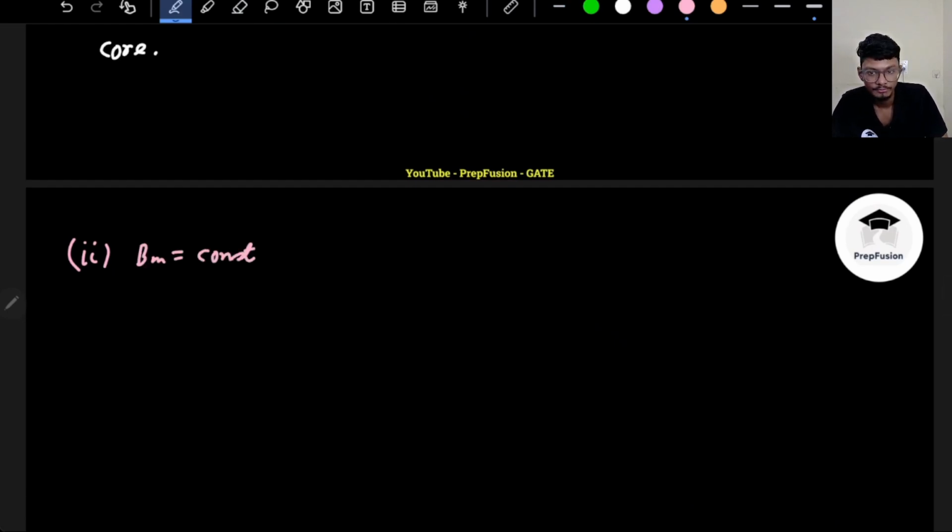So if I want my Bm to be constant, my phi m dash is phi m by 2. What is phi m dash? Phi m dash is Bm dash into A dash, equal to Bm into A divided by 2.